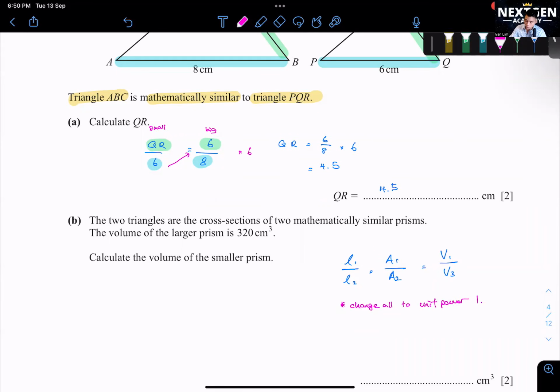Meaning you see A1 over A2, area is power 2, so for me to change it to power 1, I square root the entire thing. Sorry, this is not V3, this is V2. Then V1 over V2, this one I cube root. So you will normally use one of these pairs. You either compare this and this, or this and this.